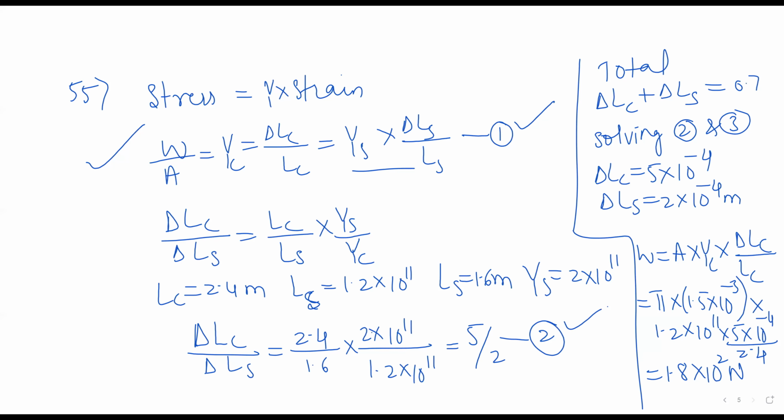After substituting all the known values, delta LC divided by delta LS is 5 by 2, and total elongation we have to calculate. Therefore, we take the sum delta LC plus delta LS is equal to 0.7 millimeter, or you can convert that into meter also. Let us consider this as equation 3.